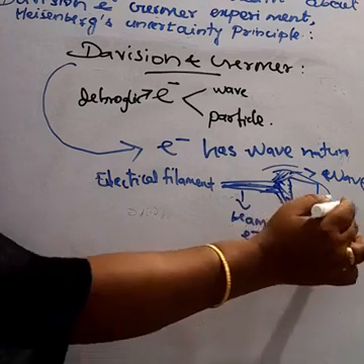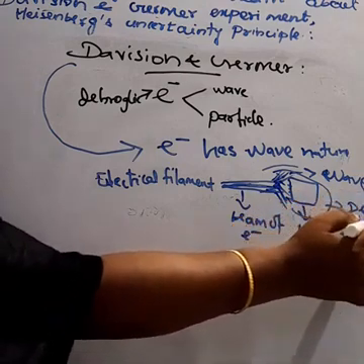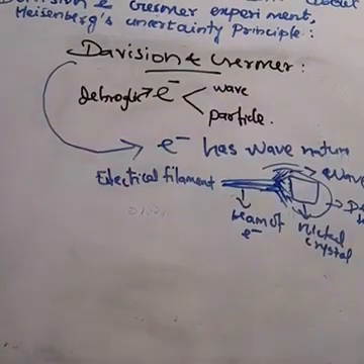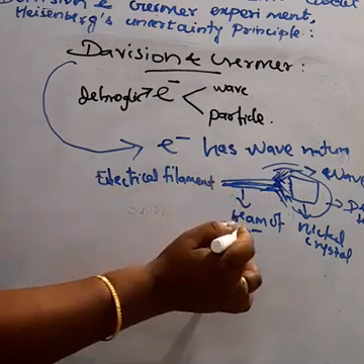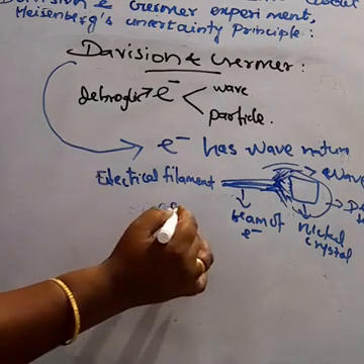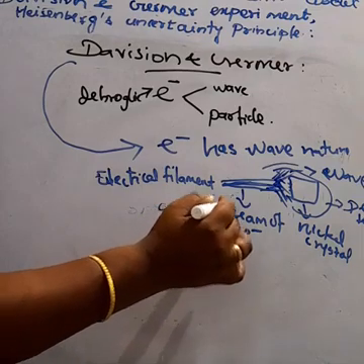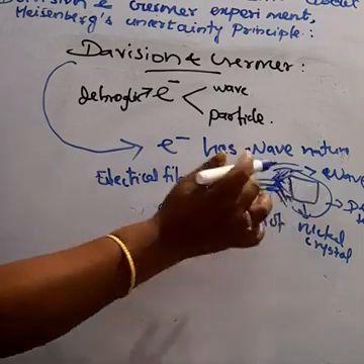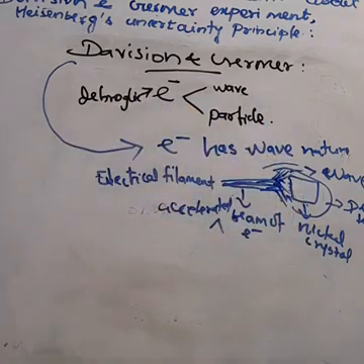Davisson and Germer allowed the accelerated beam of electrons on the nickel crystal. When the beam strikes the nickel crystal, it diffracted.